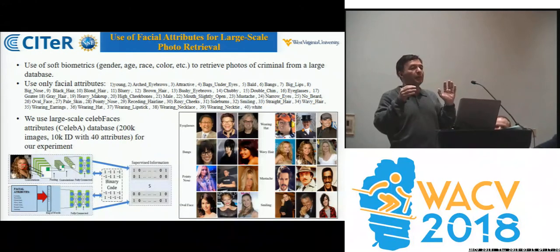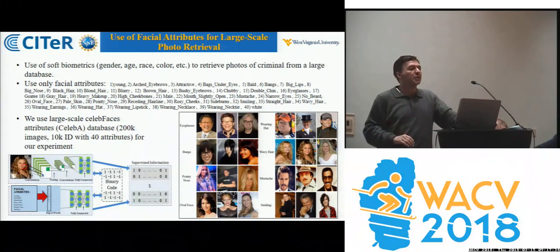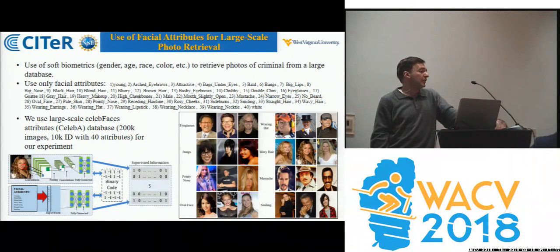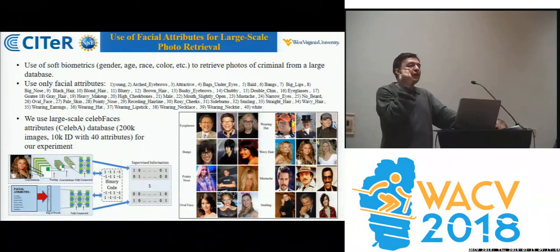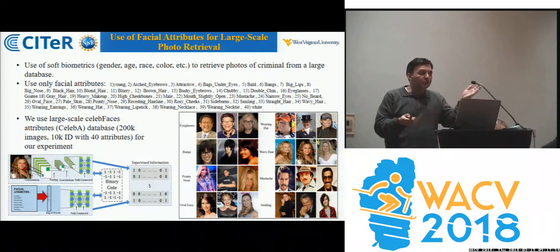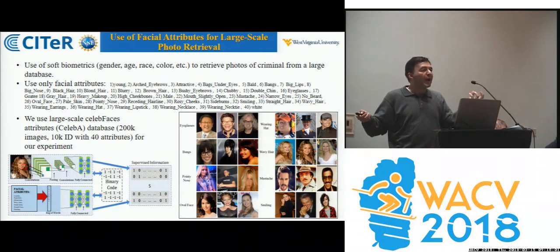Now let me shift the heterogeneous problem into something completely different, which I think is something we have recently worked on and is very interesting. Now, what is the goal here? The goal here is that, given facial attributes of an individual, so we have the facial attributes of a suspect, for example the suspect has curly hair, blonde, young, female, pointed nose, all the facial attributes that the victim can describe.